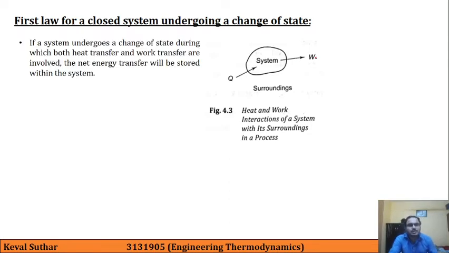Now if a system undergoes a change of state during which both heat transfer and work transfer are involved, the net energy will be stored within the system. Let me tell you that here we don't have a cyclic process, so Q and W are never equal. So there will be a difference in Q and W given by Q minus W. This is the net energy transfer, and this will be stored within the system.